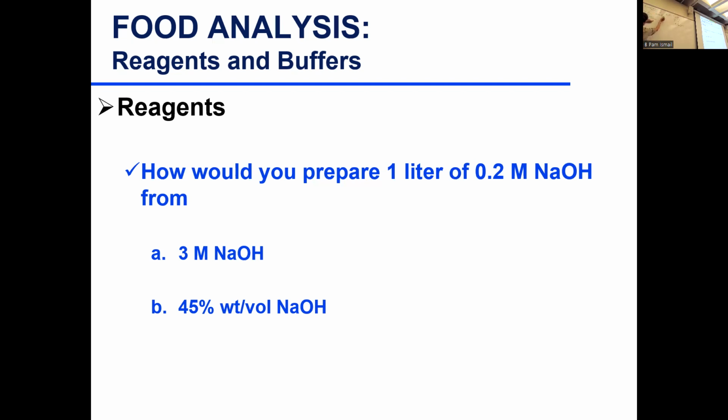So it would be 450 grams. Okay, that's in a liter. So I have 450 grams in a liter, so that's what I would put here, 450 grams over the molecular weight, which is 40 grams per mole.